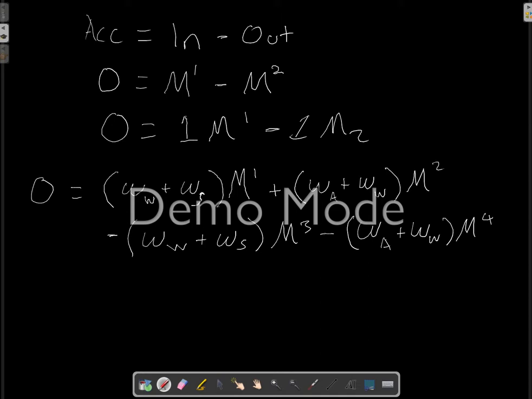But since we know that the mass fractions of each stream add up to 1, we just go ahead and get rid of each of these and simply call it M1 plus M2 minus M3 minus M4 equals 0, or accumulation of 0, because again, this is a continuous system.